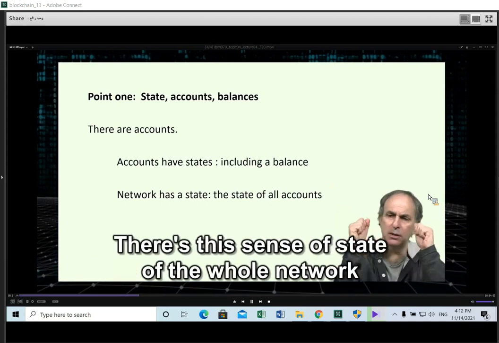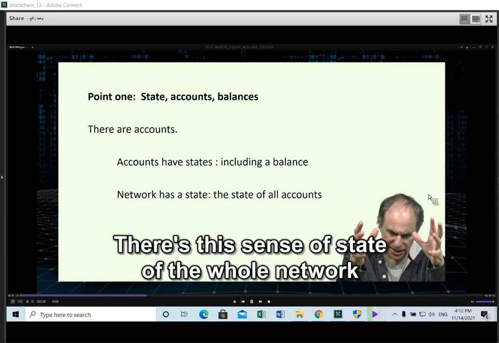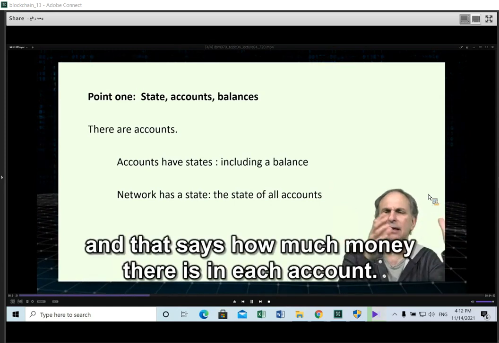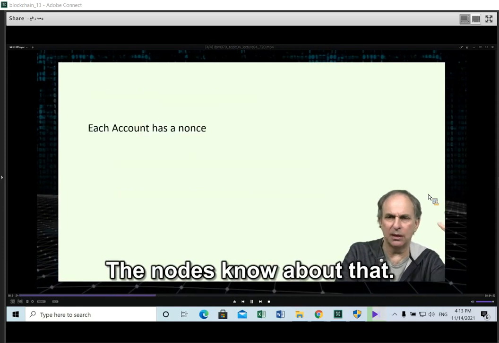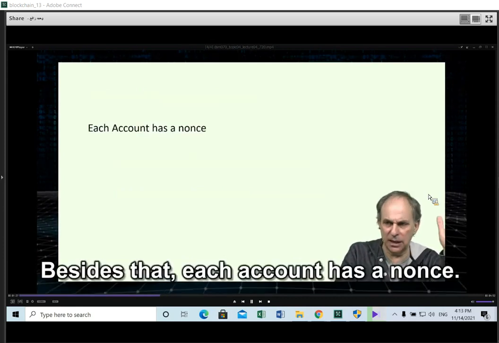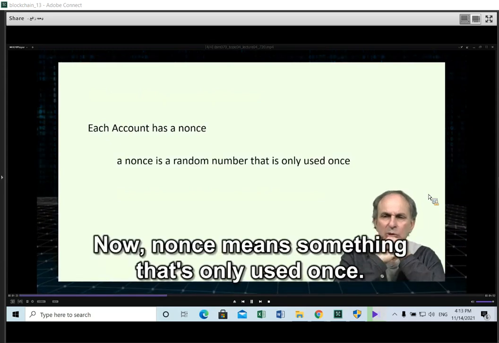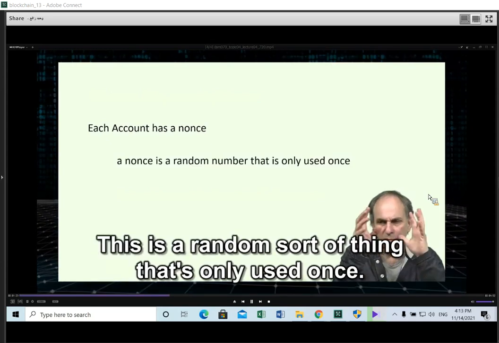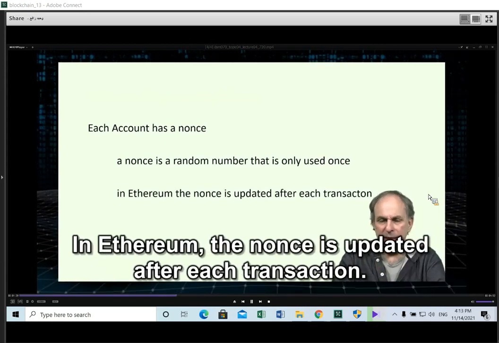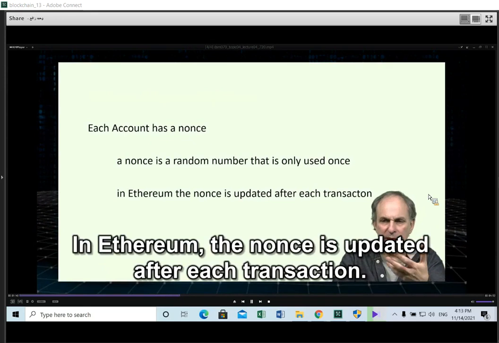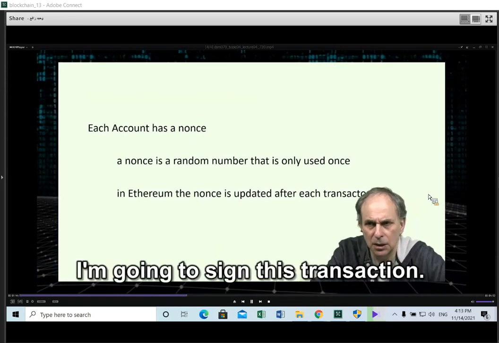So if I were giving Alice money, Ether, and I signed something saying I'm giving Alice 3 Ether, and all that was involved in that signature was me, 3 Ether, and Alice, then Alice could use that again, if she weren't scrupulous, and take 3 Ether from me every day.